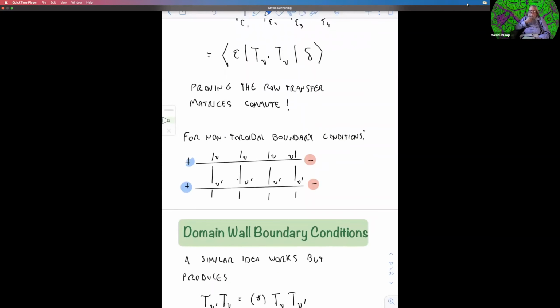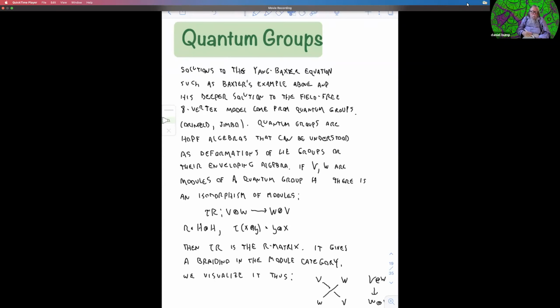Okay, then I want to digress a little bit about quantum groups. The example of the Yang-Baxter equation that Baxter found was studied by the Fedayev's school, and particularly Kulish, Skleon, and Reshetikin constructed a quantum group.